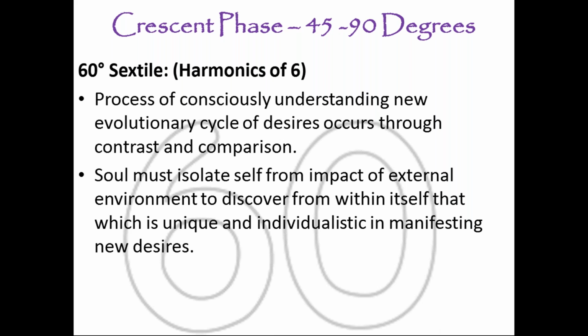And so what happens then with that 60-degree aspect relative to crescent phase, from time to time, the soul is going to need to isolate itself from the impact of that external environment, disseminating phase, to discover from within itself what is unique and individualistic for us, what is working or not working for us in manifesting those new desires.